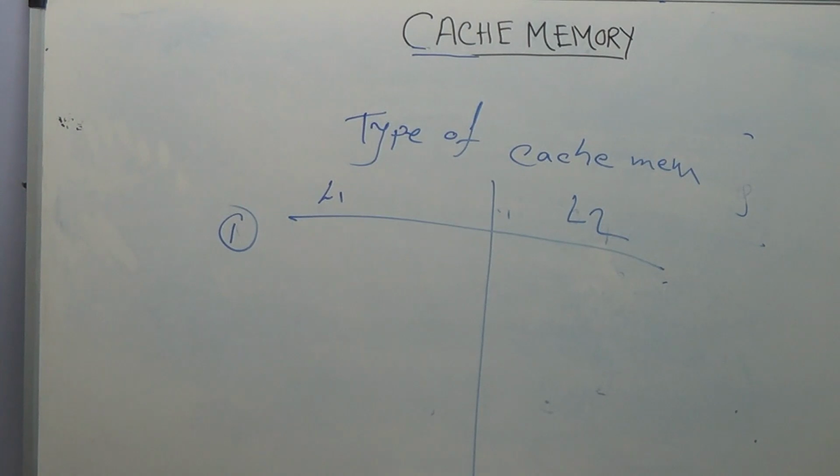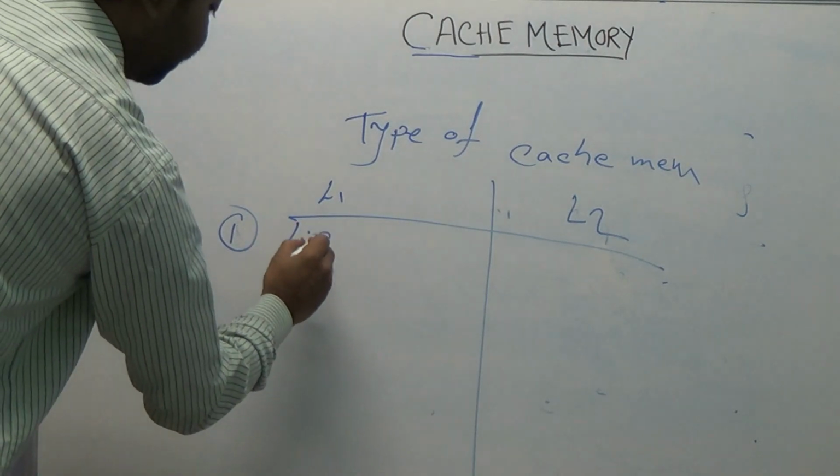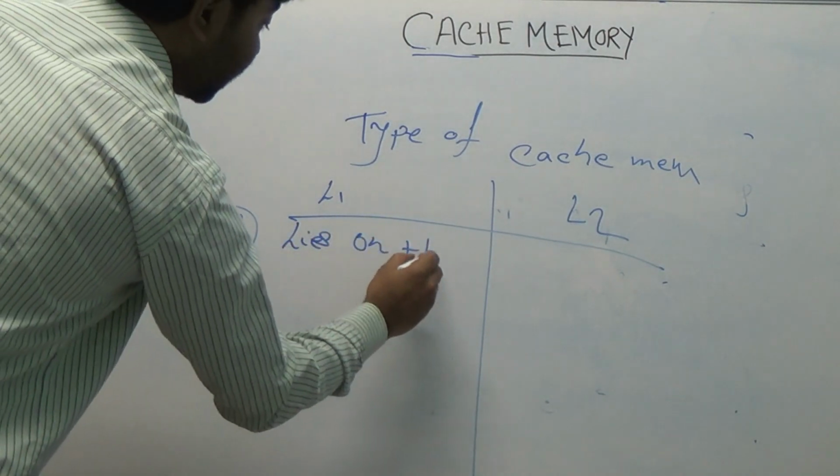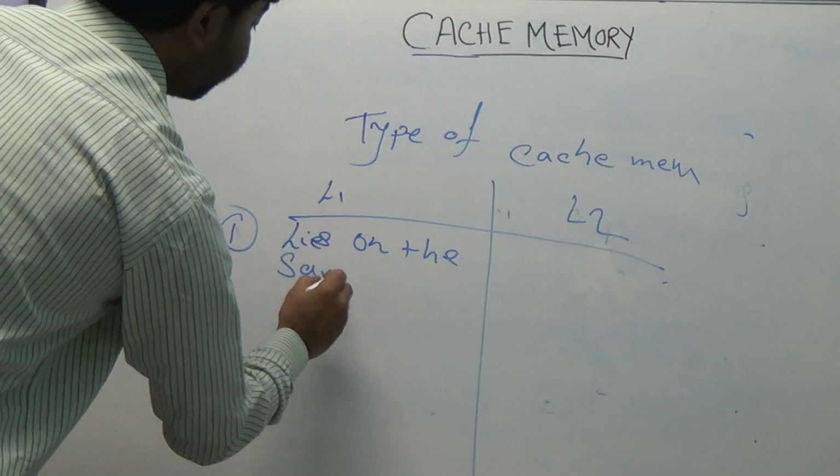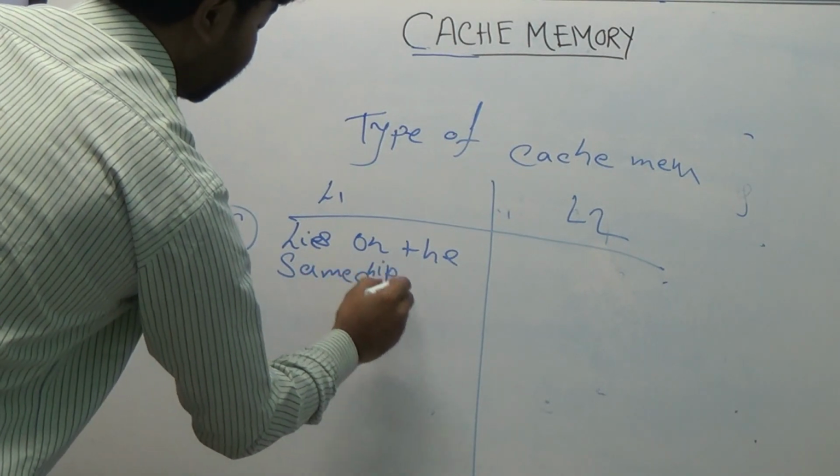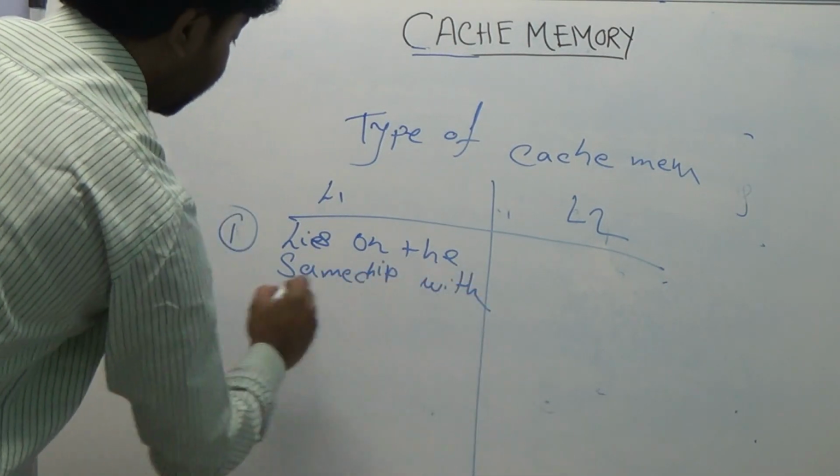L1 cache lies on the same chip with the processor.